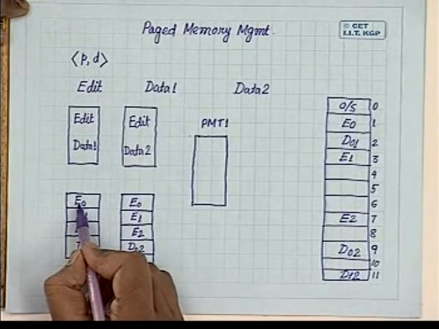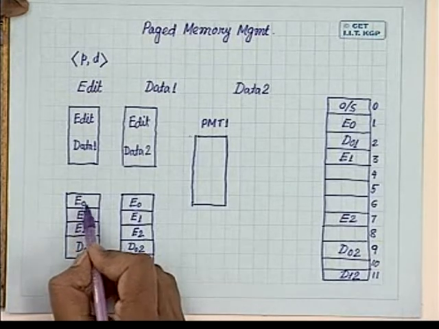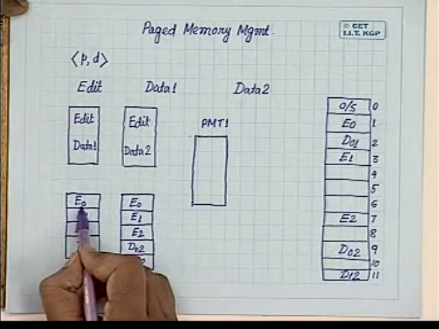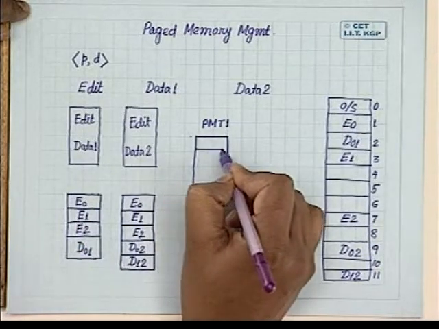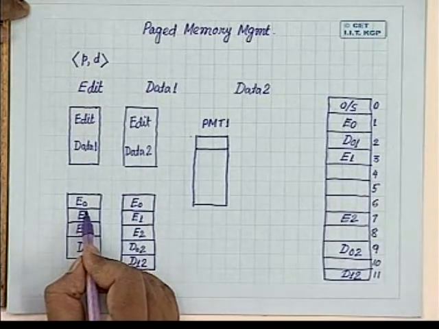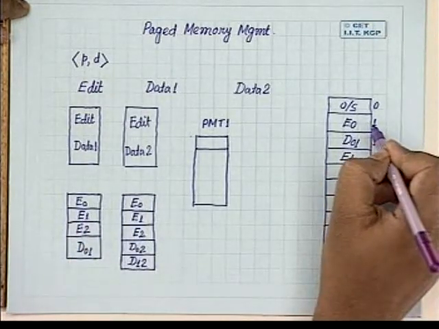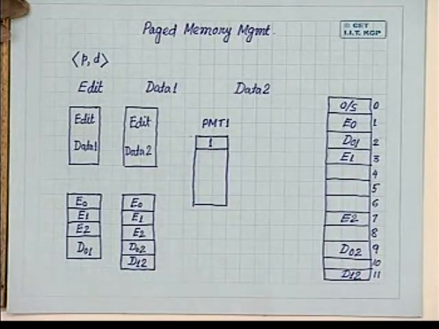So 0th page of user 1's logical address space is E0. Okay. So the first entry in this page map table 1 will be the frame number where E0 is loaded. So here frame number is 1. So the first entry in this page map table 1 will contain value 1.